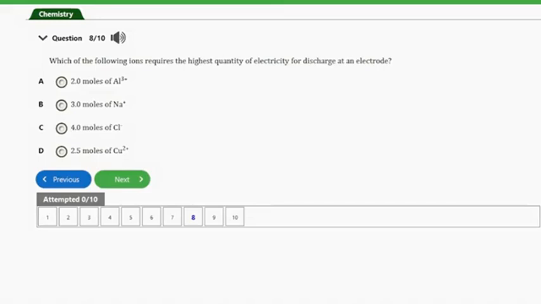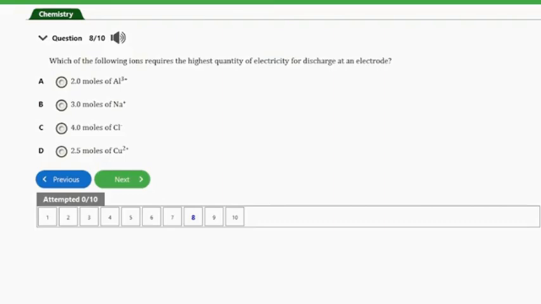So the question here says, guys, which of the following ions require the highest quantity of electricity to discharge at an electrode? So we have options A, 2.0 moles of aluminum ion, option B, 3.0 moles of sodium ion, option C, 4.0 moles of chloride ion, then option D, 2.5 moles of copper ion.